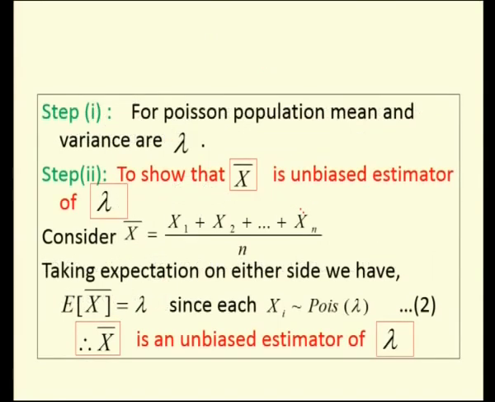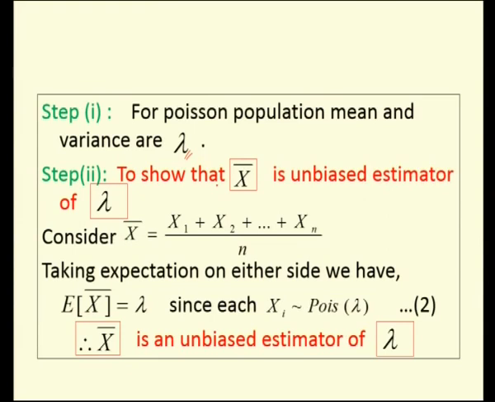So, we will go in parts to solve this problem. Let us go to step 1. For a Poisson population, you know that mean and variance are nothing but the parameter. Here the parameter I have considered is lambda. Therefore, mean and variance are lambda.